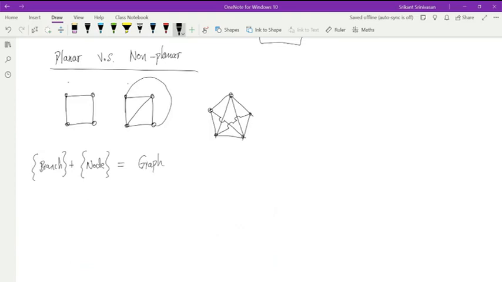Okay. A graph is said to be connected if all the nodes are connected to each other. Otherwise, you can have disconnected graphs also, but usually we do not work with those. That means you have a graph that looks like this.